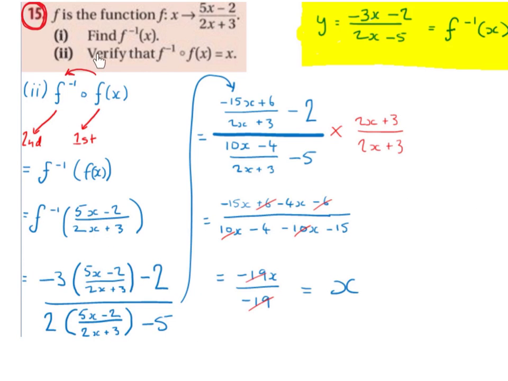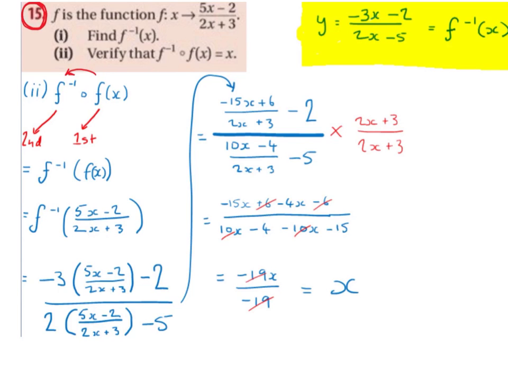So part 2, verify that the inverse of f after f of x is equal to x. So the inverse of f is going to go second, and f of x is going to be first. So basically we substitute f of x into its inverse, and we should end up with x.